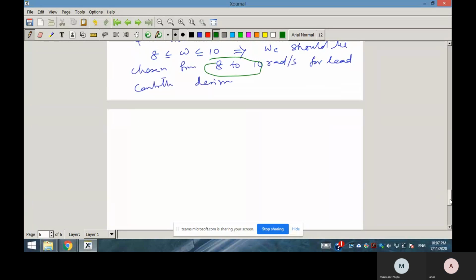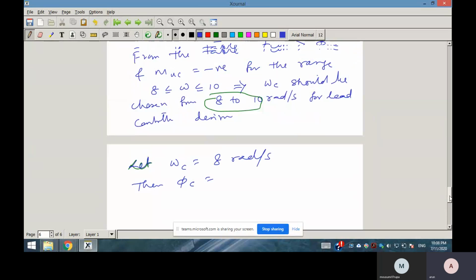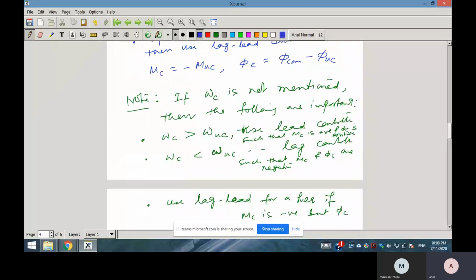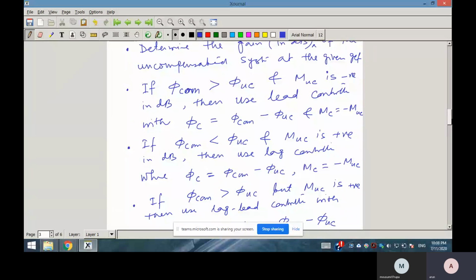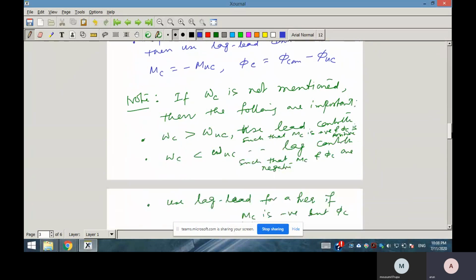So let omega equal to omega c equal to, say, 8 radian per second if I choose. Okay, then what is your phi c? You can see phi c from this equation. Phi c equal to phi com minus phi uc.